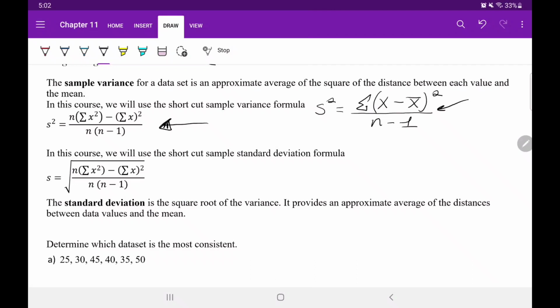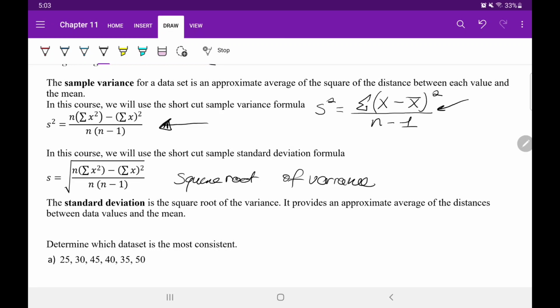And in this course, we'll also use the shortcut sample standard deviation formula. And the standard deviation is the square root of the variance. So once you find the variance, apply the square root, and that is your standard deviation.